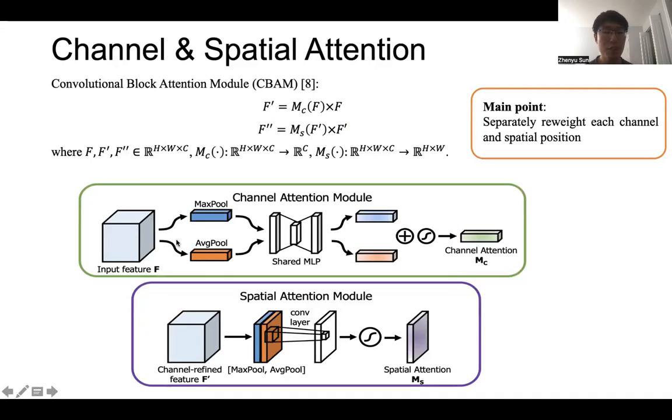You have some feature map F that is fed into the channel attention module to give you the importance among different channels. By considering this importance among channels, the refined feature map F prime is then fed into the spatial attention module to give you the interdependency among different positions of the pixels. So that's the idea, which is pretty straightforward, I think.